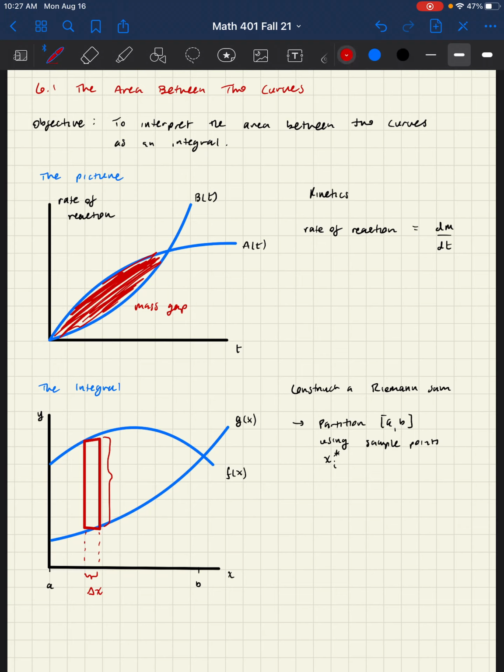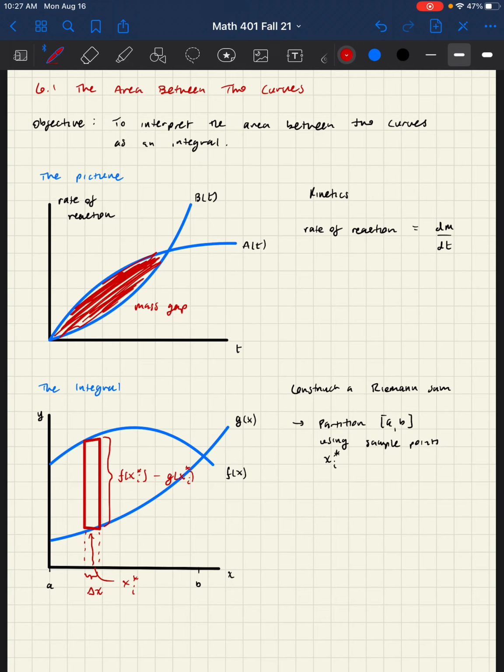So somewhere in here, say here, we have our x sub i star. And so that's our candidate for setting up f of x sub i star minus g of x sub i star.